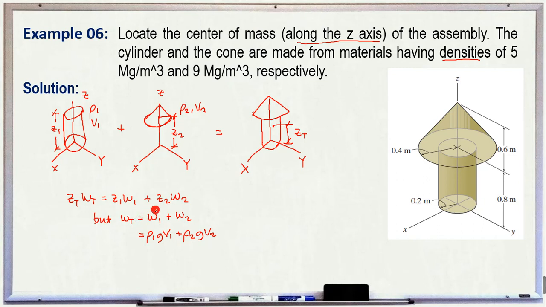Now here we're going to solve first the Z1 and also the volume of the first object, this cylinder right here. So solving for Z1 and the volume. Okay, so Z1, kung makita ng cylinder, very perfect, no?